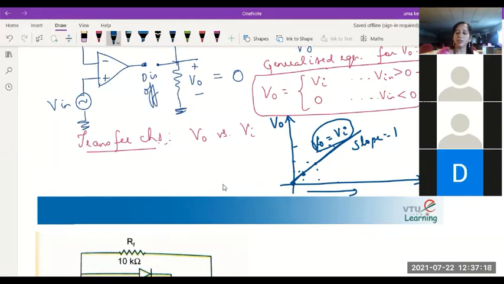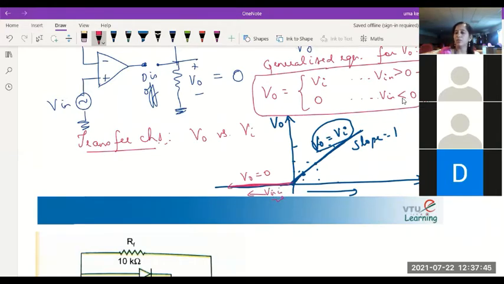And we should also continue this for negative inputs. So for positive input, we know output follows the input. What will happen when the input is negative? Negative input means I have to move in this direction. Output remains 0. So for negative input values, V naught remains 0 whenever V in is negative.